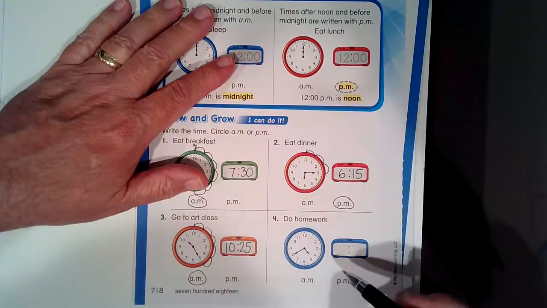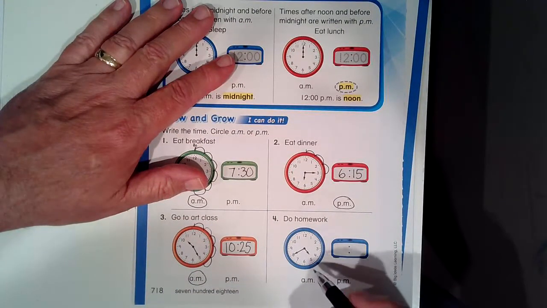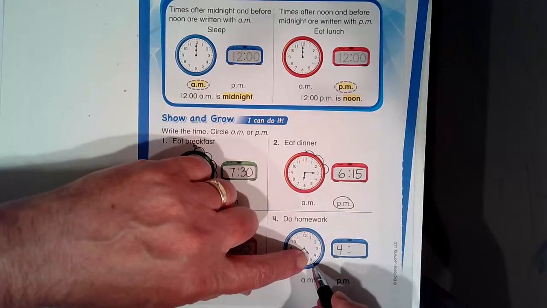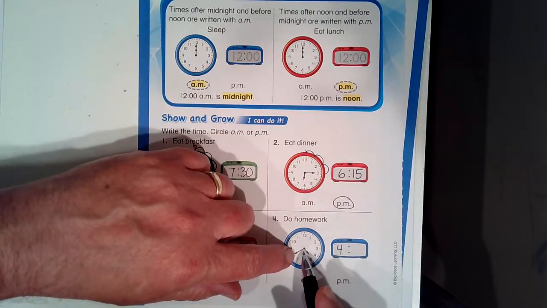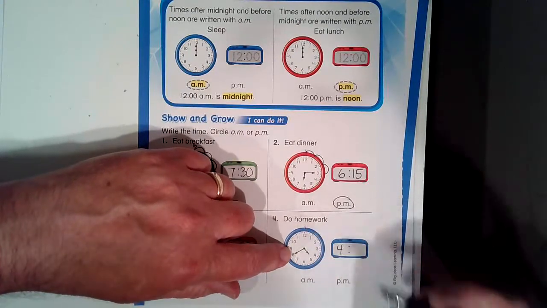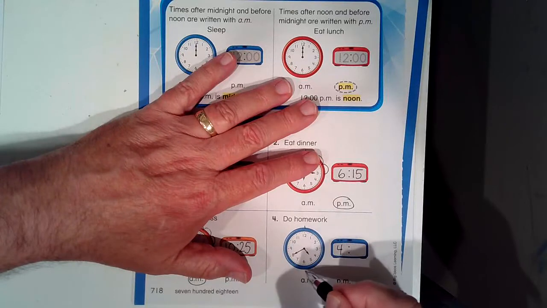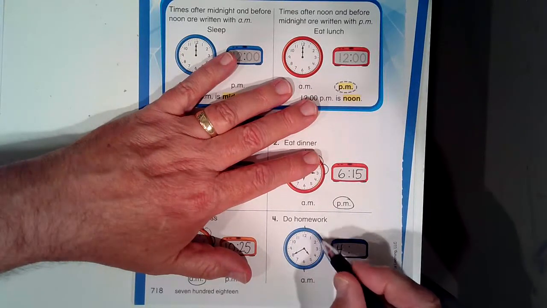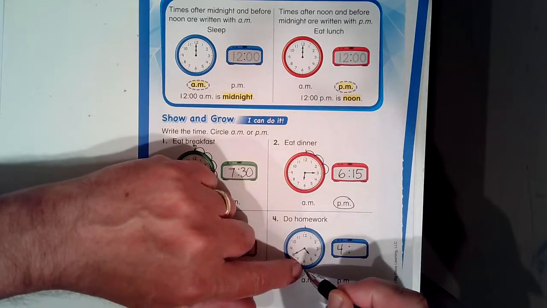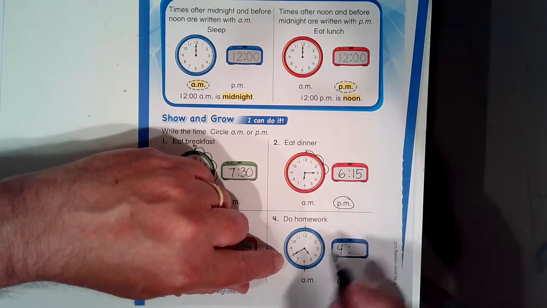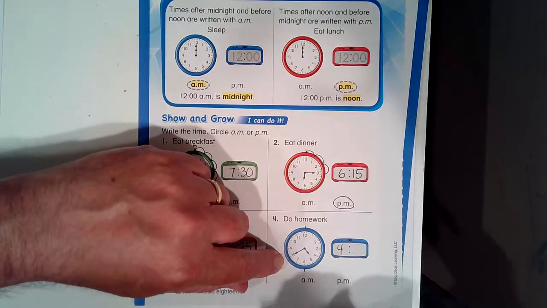All right, so the hour hand points between the 4 and the 5. It's after the 4, and we didn't get to the 5 yet. And the minute hand, we start here, however you want to do it. You could say 5, 10, 15, 20, 25, 30, 35, 40, and count 5 for every number.